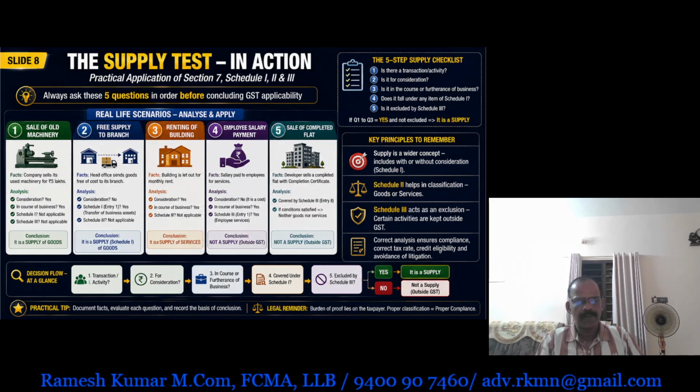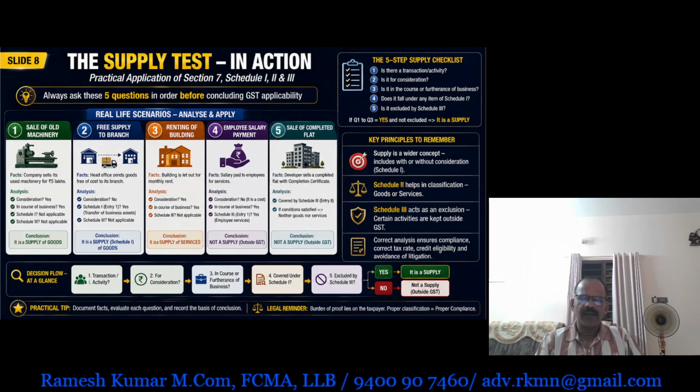And thirdly, a building is rented for commercial use. There is consideration and the transaction is connected with the business as well. Therefore, it is generally a supply of goods or service. It is supply of service.